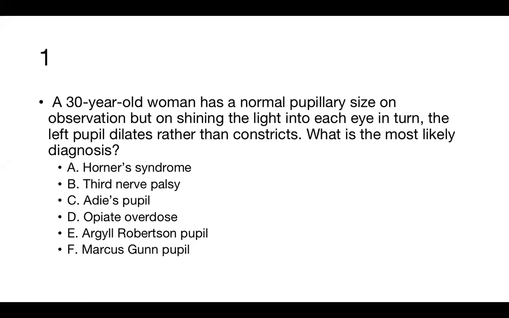But for your information, let me quickly talk about the other options as well. Horner syndrome has 4 components: one is miosis, second anhidrosis, third enophthalmos, and fourth ptosis.